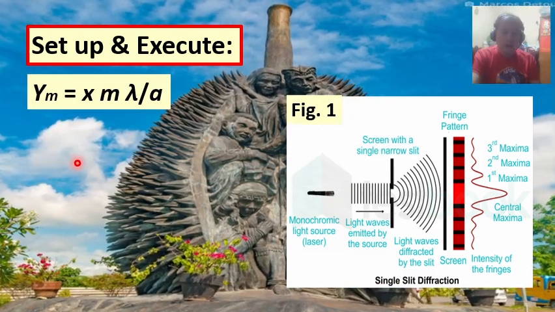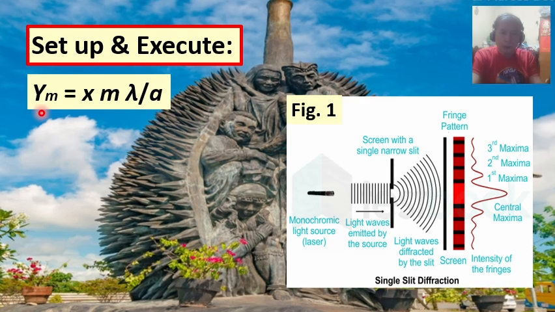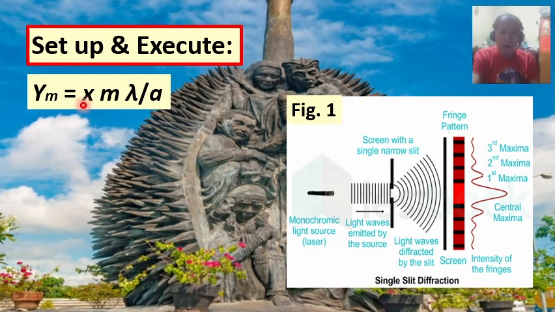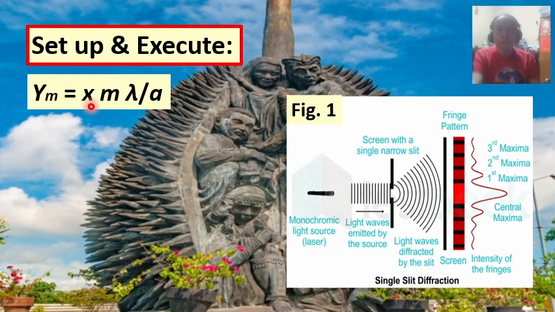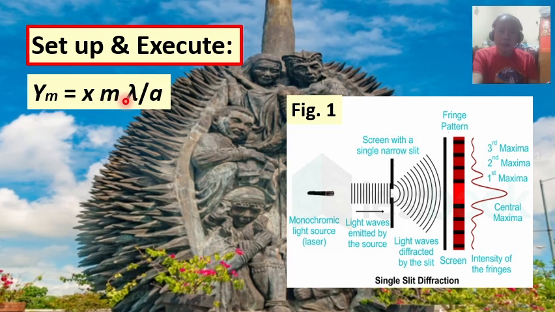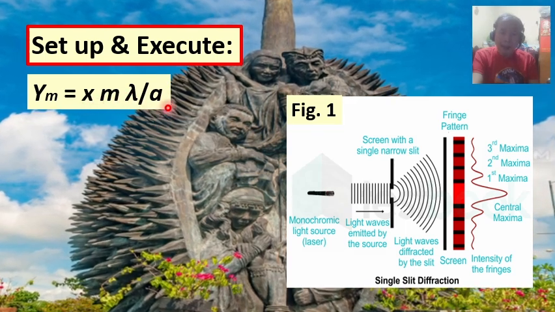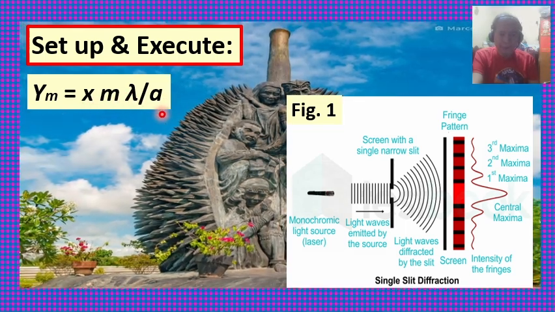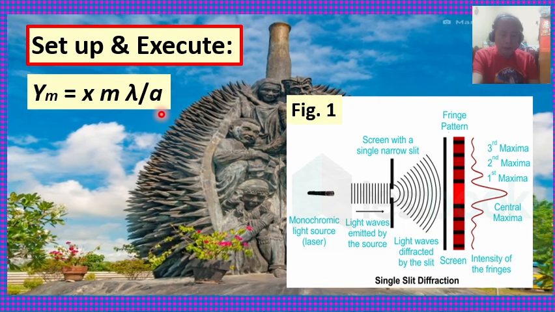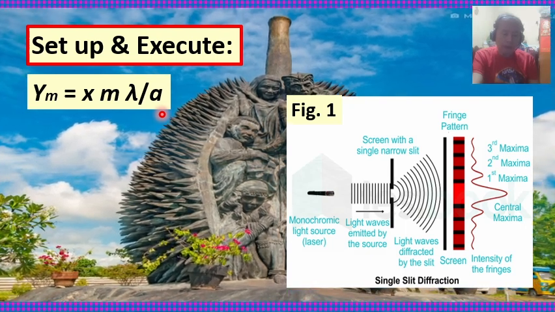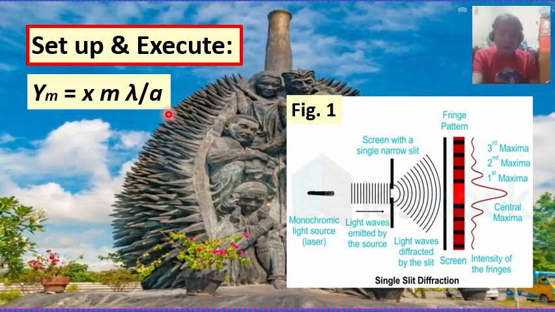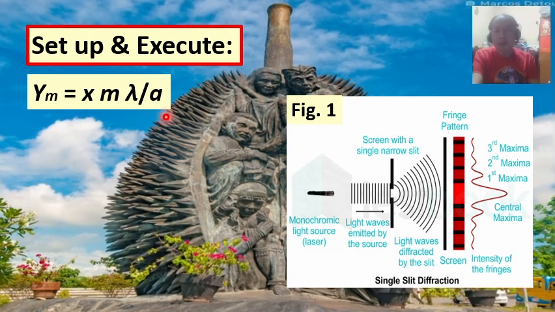We use this equation, capital Y sub M equals x times m times lambda over a, for us to be able to calculate our target variable, small letter a.